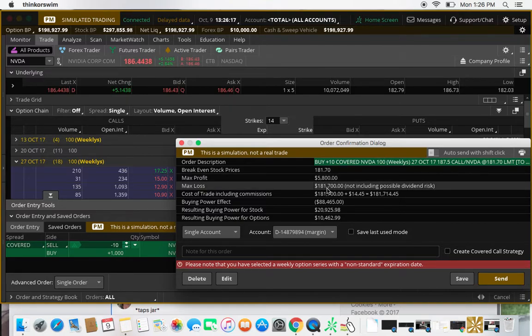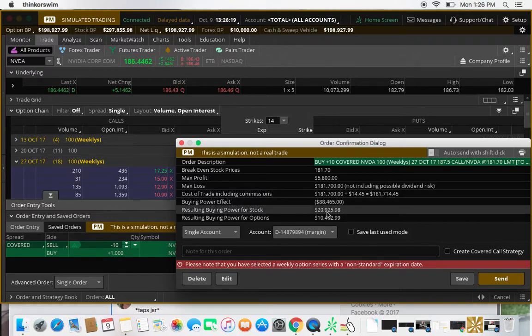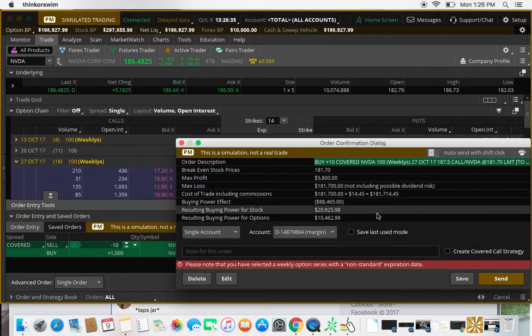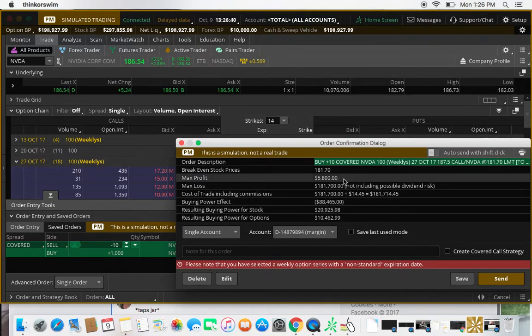Well, it's 10 contracts, which is 1,000 shares, and it costs $187 a share. That trade is valued at $187,000. And I don't see that $187,000. It doesn't say that on here because your maximum loss is factored in, including the $5,800 that you're collecting from the sale of the option, or the credit you're taking in from the option sale.